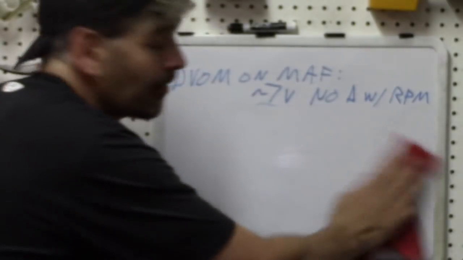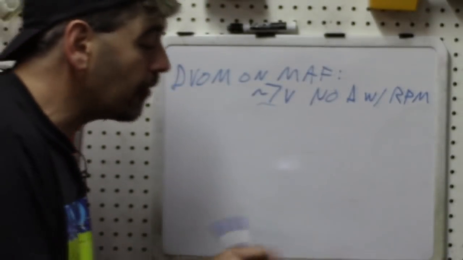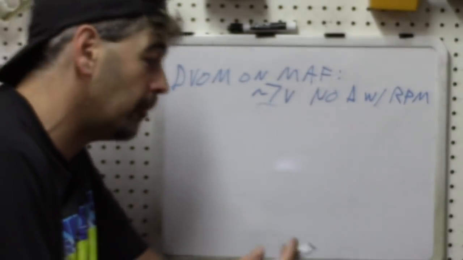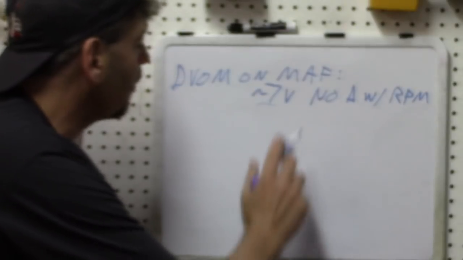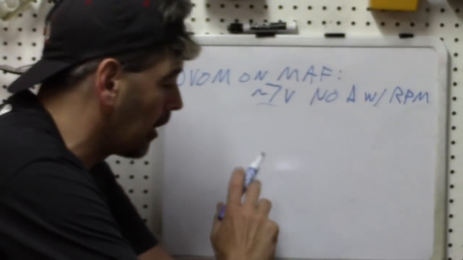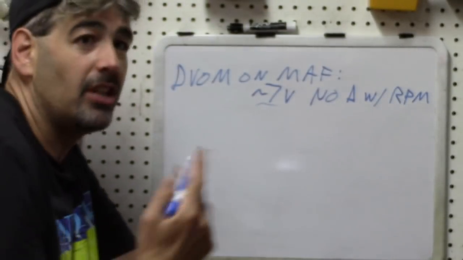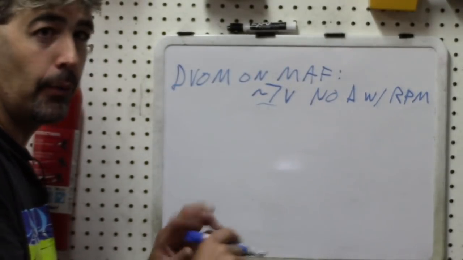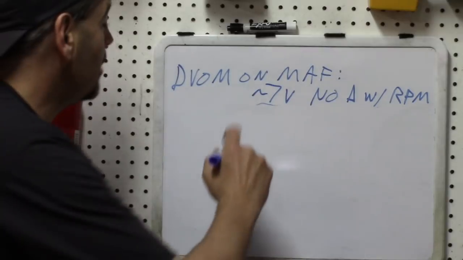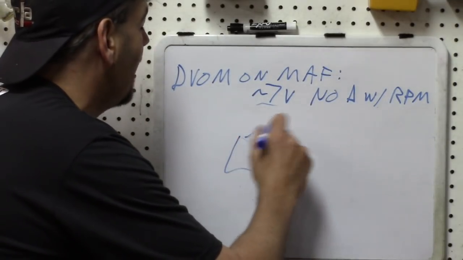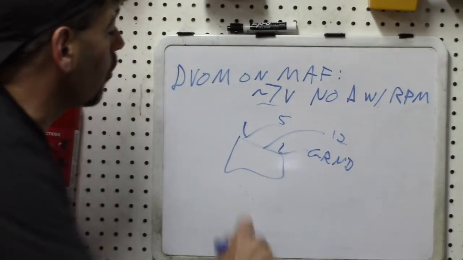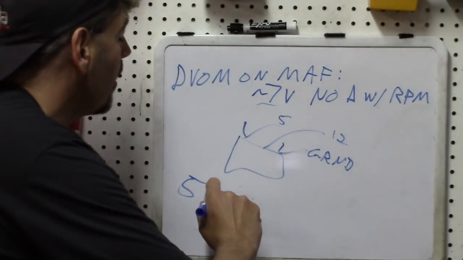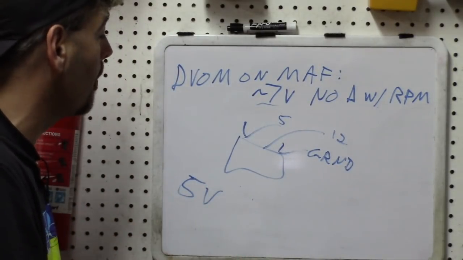So just another example of how understanding the components you're working with will help you to take the right measurements in the first place. For the other answers, I kind of forgot what they were. The first one was that it was a digital MAF. Obviously, we don't have enough information to say that. Had he measured between that signal wire and the ground, if he had read 5 volts with the key on, then almost certainly it's a digital MAF.